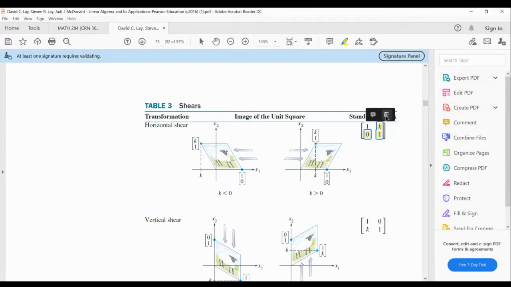Okay, so I want to be a little bit careful here. Hold on. Yeah, that's right. Do you see that for the shears in table 3?